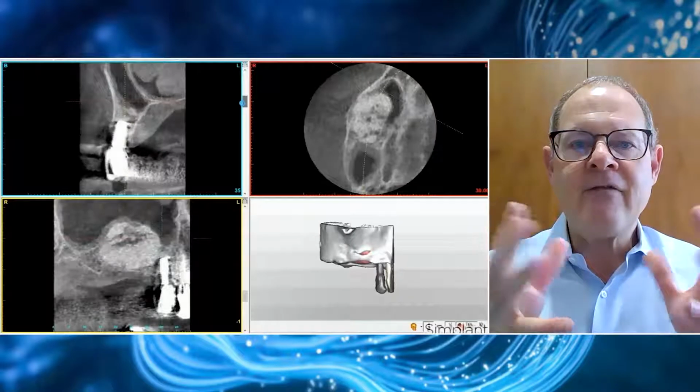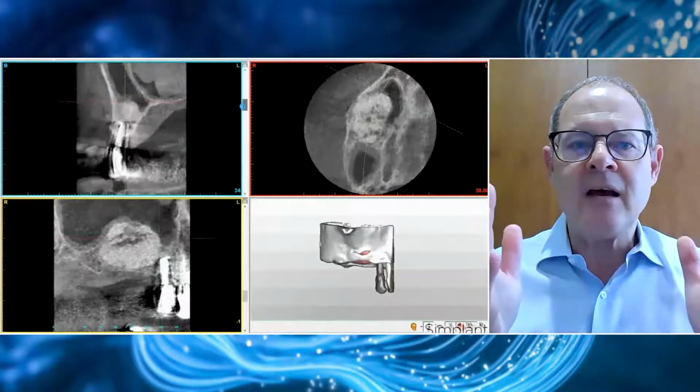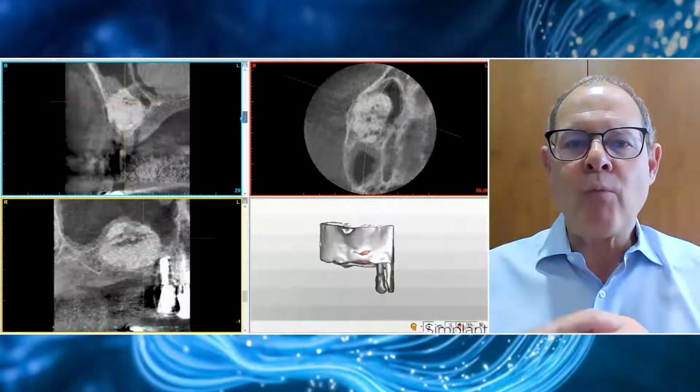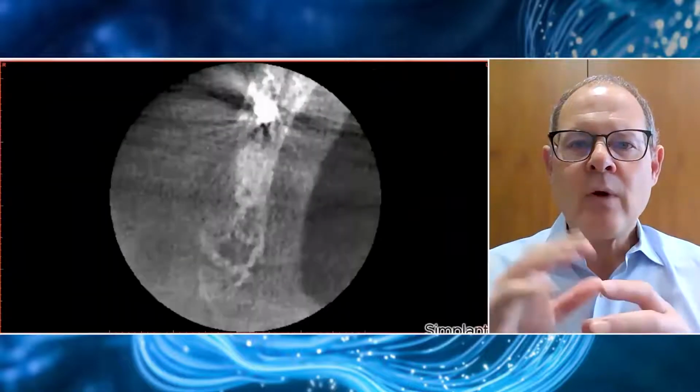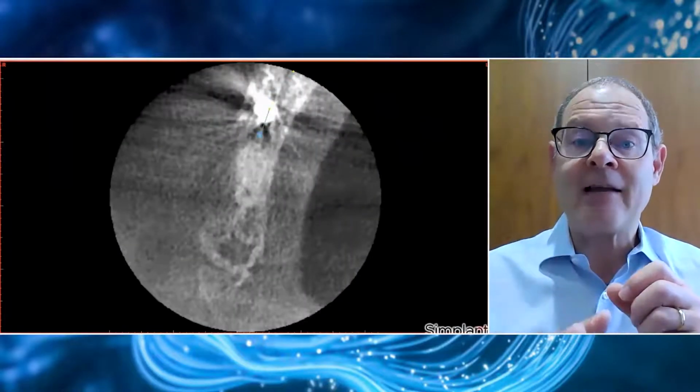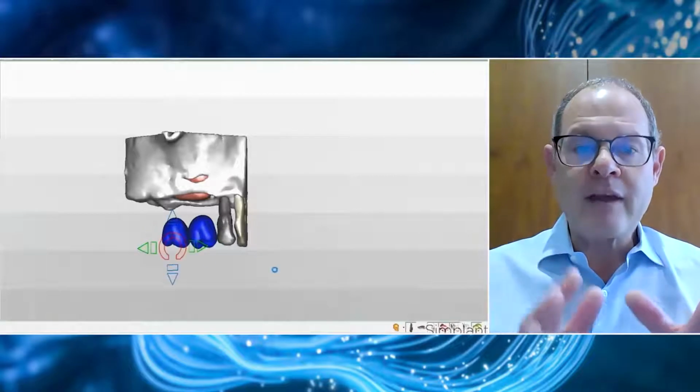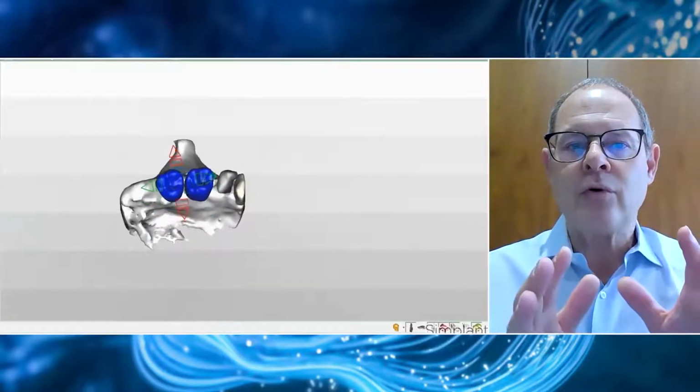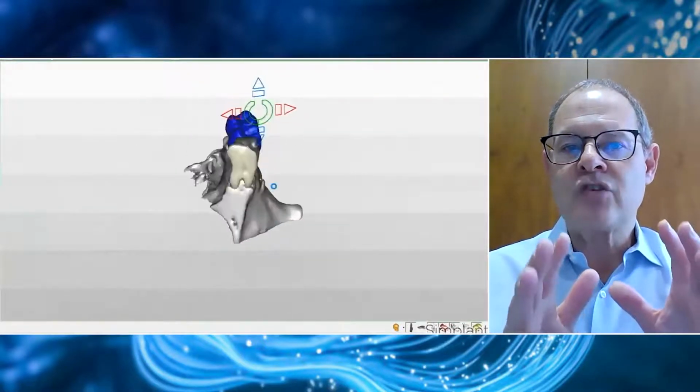We see here 4 windows, 3 in the 3 axes, and 1 volume render. We can work in the 2-dimensional sphere to establish things like the panoramic curve. And we can work in the 3D volume render sphere to, for example, as I'm doing here, use the virtual tooth tool to establish the optimal position of where teeth should be.